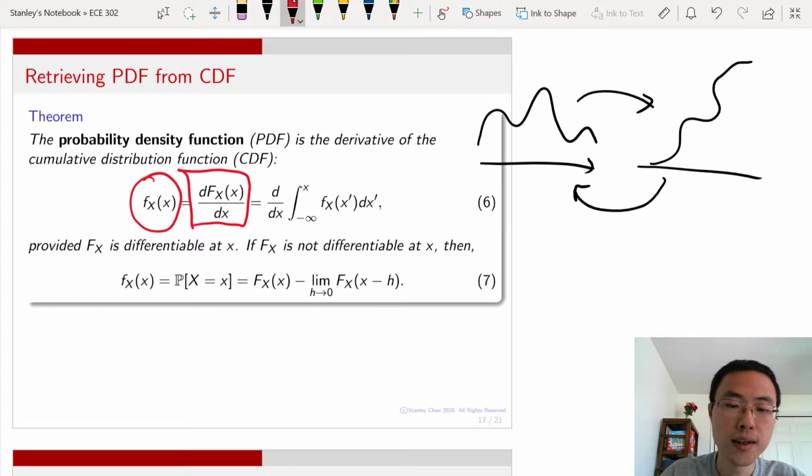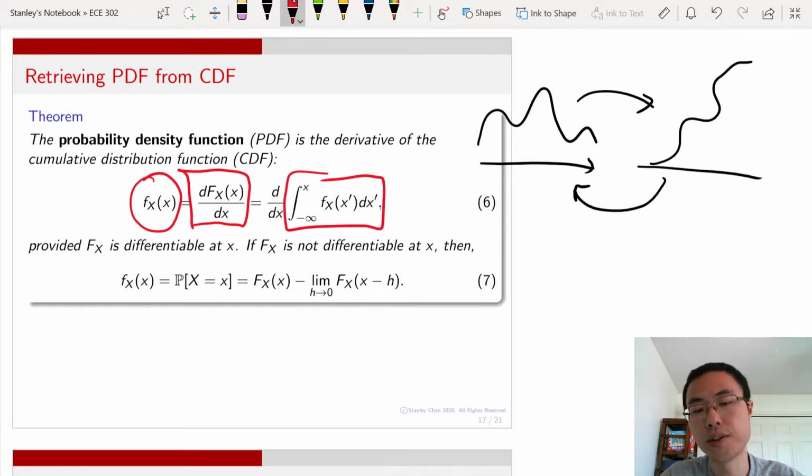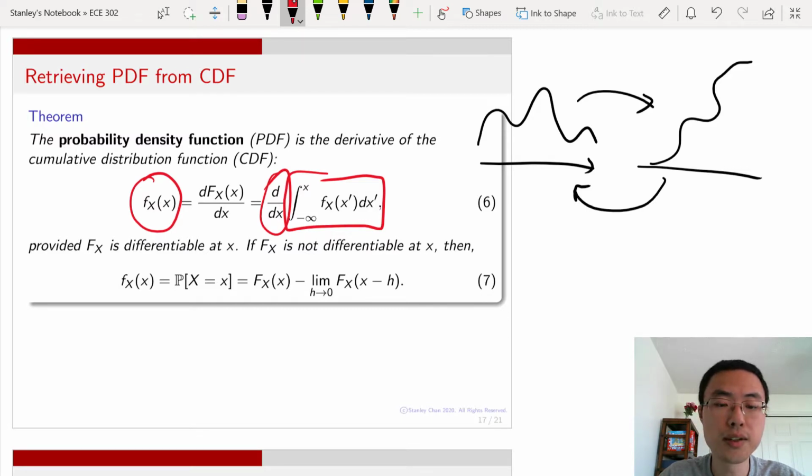Why? So you define the CDF as this. This is your CDF. You put the differentiation outside, and look at this. This is just the fundamental theorem of calculus. You apply d/dx on this integration all the way to x, and here t is a dummy variable. So the fundamental theorem of calculus says that I can replace my t with x.